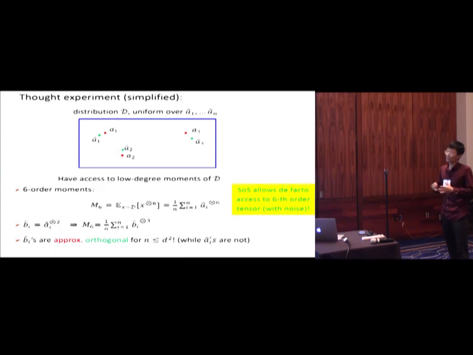And the crucial thing is that because the dimension of bi hat is d squared, you can expect them to be approximately orthogonal when n is less than d squared. While those AIs couldn't be approximately orthogonal because they are n vectors and n is larger than d, so they are not even linearly independent.